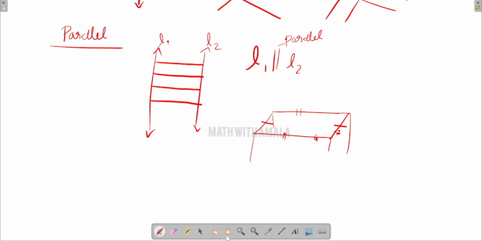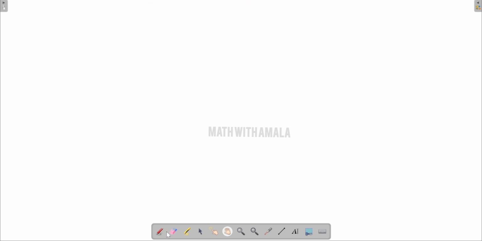Okay, the next one, ray. What do you mean by ray? This will have some notations also. Ray means there will be a point at which it starts and it will move to infinity. Let's imagine the light from a torch.